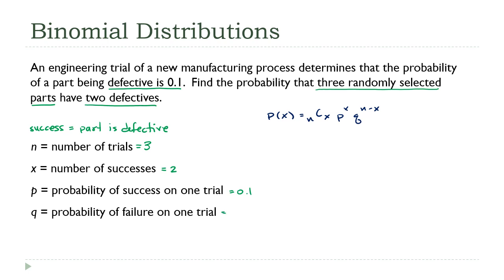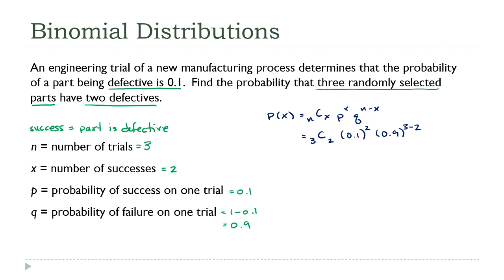And Q is always 1 minus P, so that's 0.9. Right, so now I'm just putting these numbers into my formula. This is 3 choose 2, times 0.1 to the second, times 0.9 to the 3 minus 2.